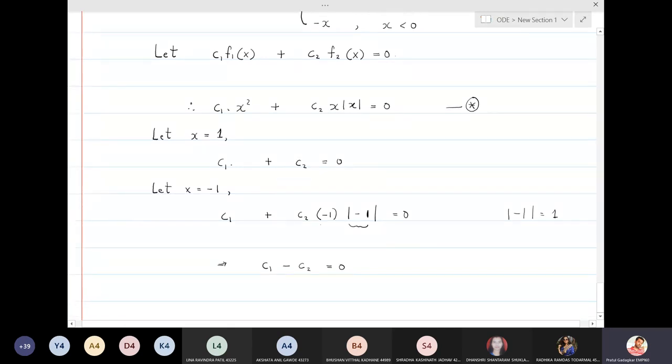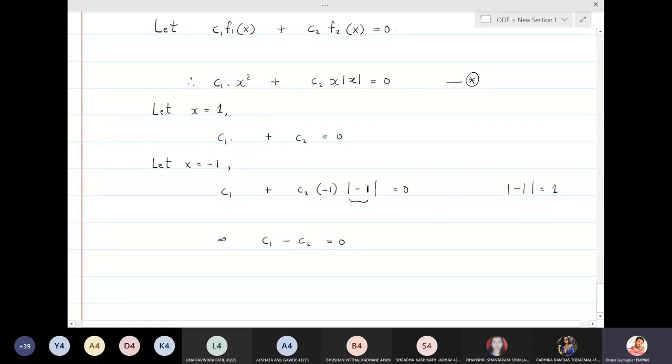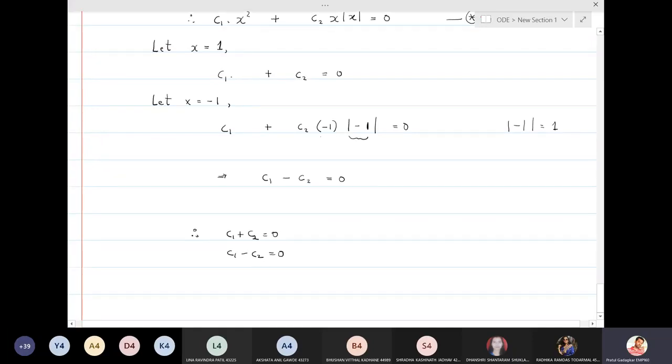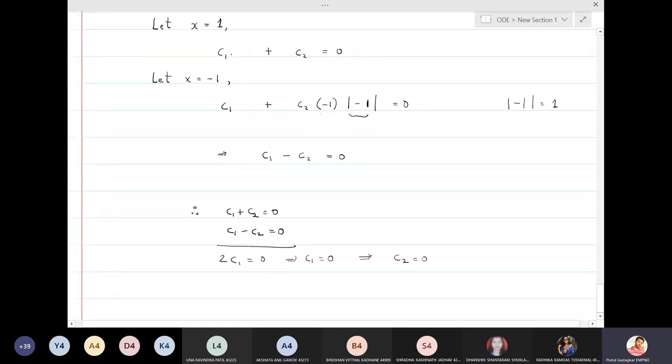So I got two equations: C1 plus C2 is 0 and C1 minus C2 is also 0. I have two numbers whose addition is 0 and whose subtraction is also 0. So this means that C1 is equal to 0, and substituting, I will get C2 is also equal to 0.